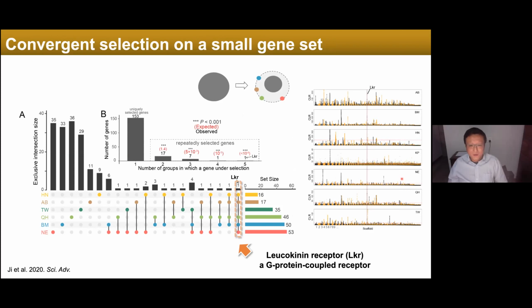In the 2020 paper, we screened for all the genes that showed selection signals, and among all the selected genes, a small proportion of them are shared by at least 2 independent subspecies or peripheral populations. Among all these genes, there's one particular gene that went extreme.